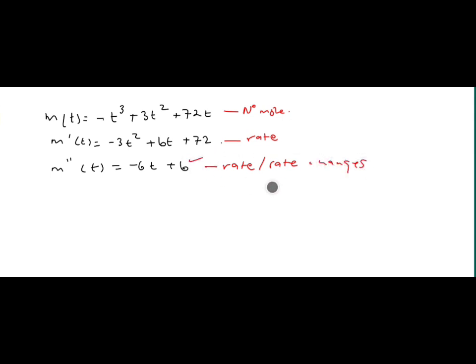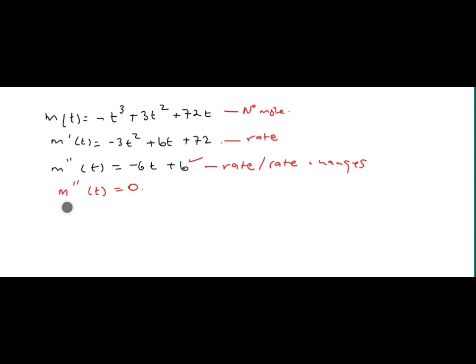This will be the equation we use to answer the question, because we are investigating the rate at which the number of molecules is changing to be a maximum. Anywhere we talk about maximization, we equate the second derivative, the rate of the rate, to 0.